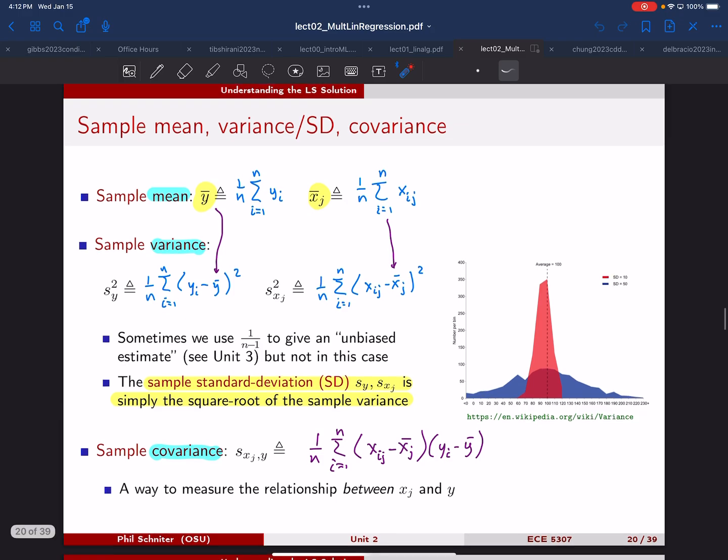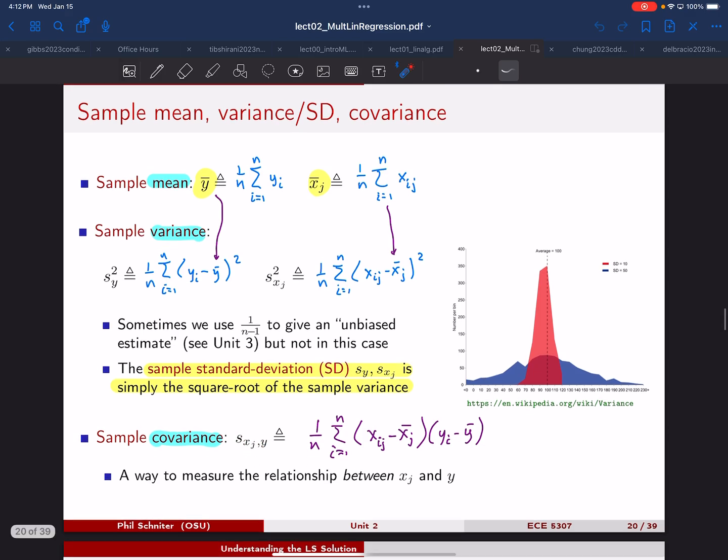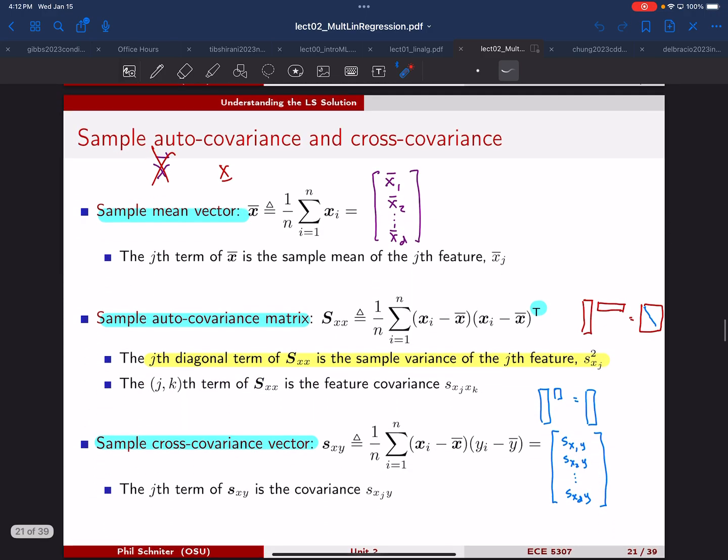And then we have the sample covariance, which looks at the relationship between the features and the targets. At least this one is looking at the jth feature and the targets. So these are all scalar statistics. Notice the non-capitalized letters. But we're really dealing with multiple features.